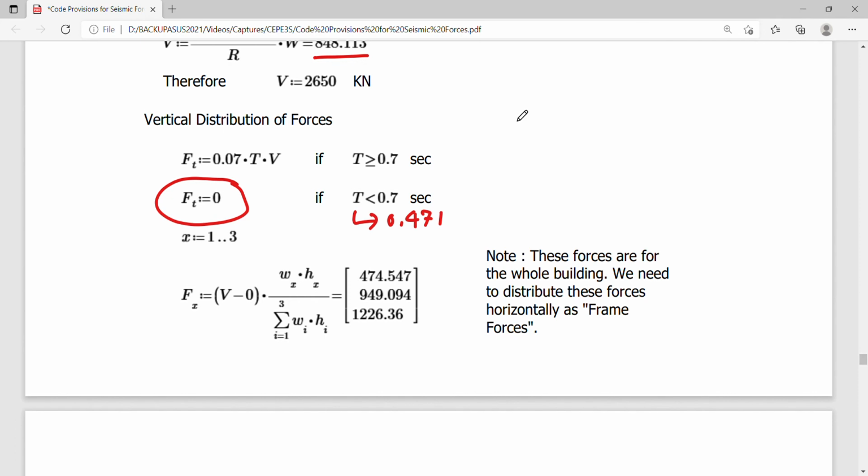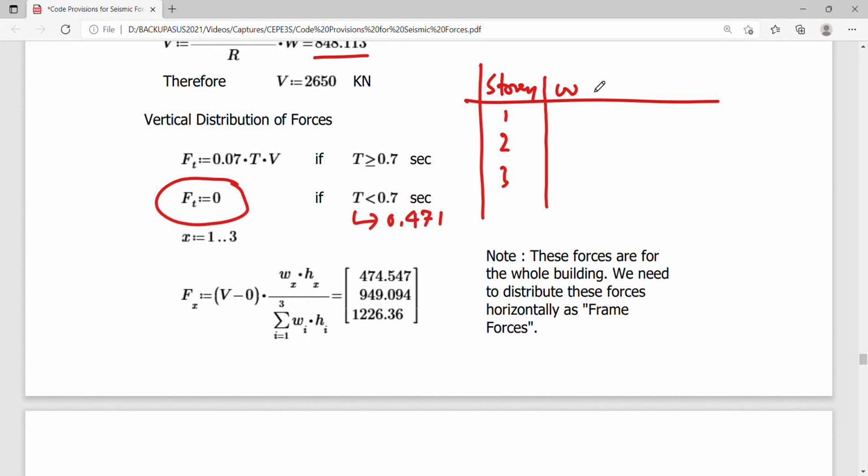If you want to do it in a tabulated manner, you can just tabulate it. Let's say this is the story, and then you have the W, you have the H, okay, and then you have the WX, HX.